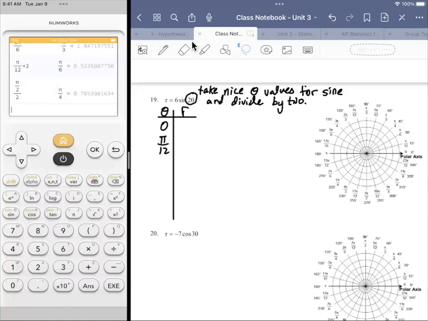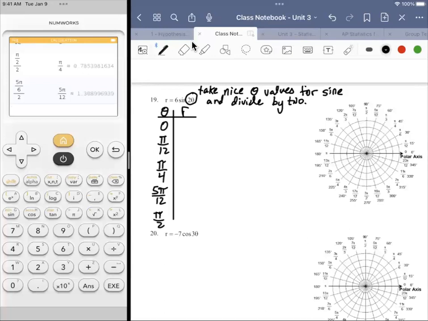So pi over 4. My next nice one would be 5 pi over 6. Divide that by 2. We get 5 pi over 12. All right. And then the next one after that would be pi, divided by 2 is pi over 2.